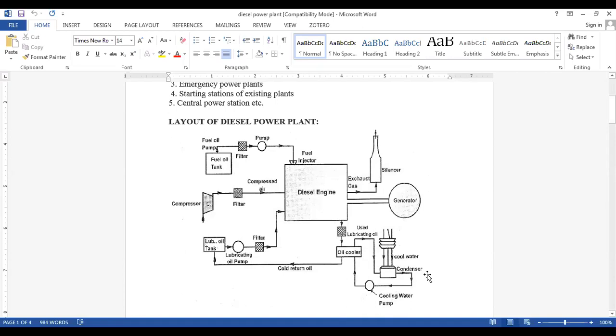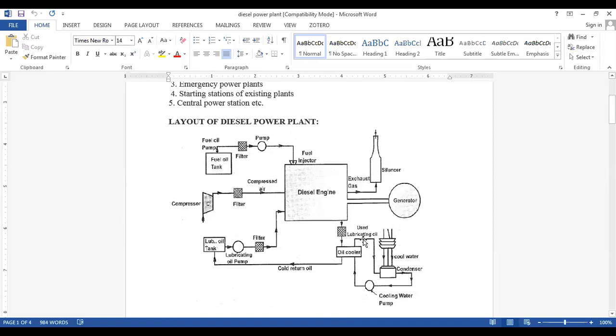This cold water is taken from some lake or a water tank, because this diesel power plant is not used at a very large scale, so simple water tanks are also used for this cooling system. This cooling system cools down the lubrication oil, which flows inside the diesel engine and is then taken out, and this cycle continues.